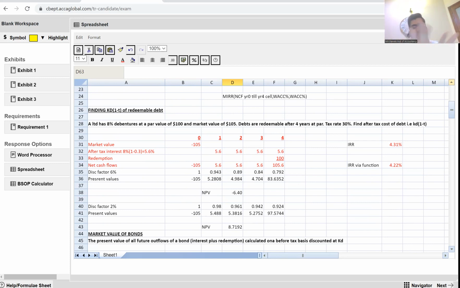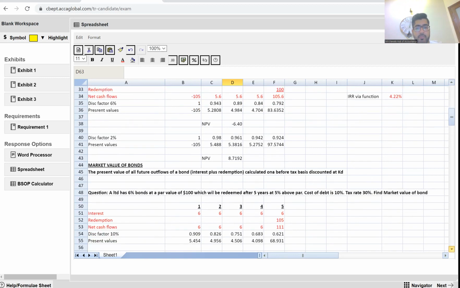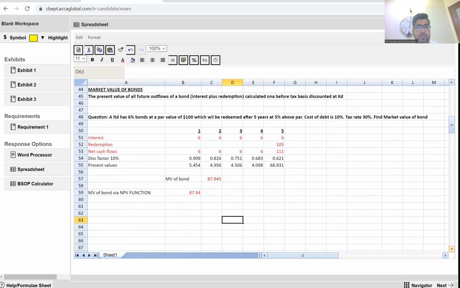Redemption, NCF, discount factor, present values, 2 NPVs, 2 IRRs. Stop at NCF, and apply the IRR function directly, from year 0 to year last. Similarly, market value of bond is the present value of 2 outflows, interest and redemption, discounted at KD. No need to apply discount factor, stop at net cash flow and apply the NPV function.